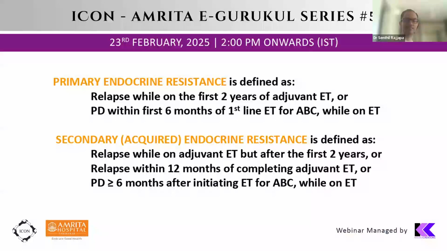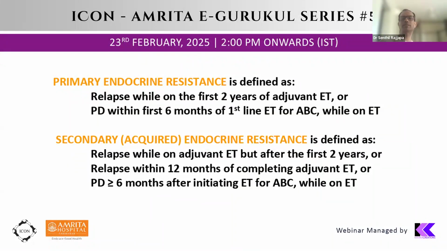The relevance of this is that you may want to do a second-line endocrine therapy along with a targeted therapy that can overcome this resistance mechanism, or you may want to leave all of this and jump very early to chemotherapy, because even though this is expressing ER, the biology is in such a way that it is not responsive to an ER targeted therapy.